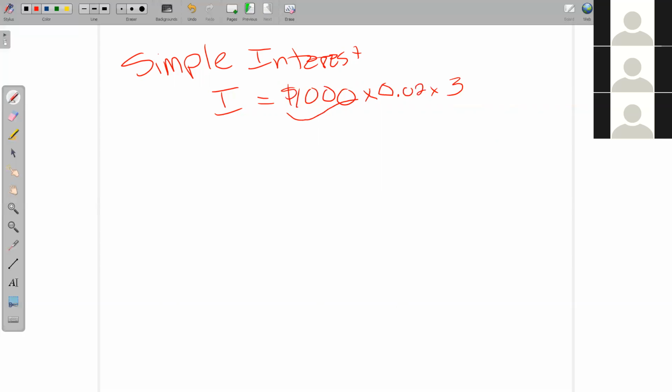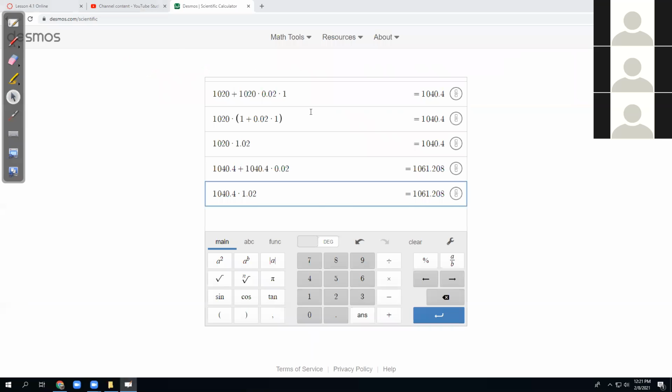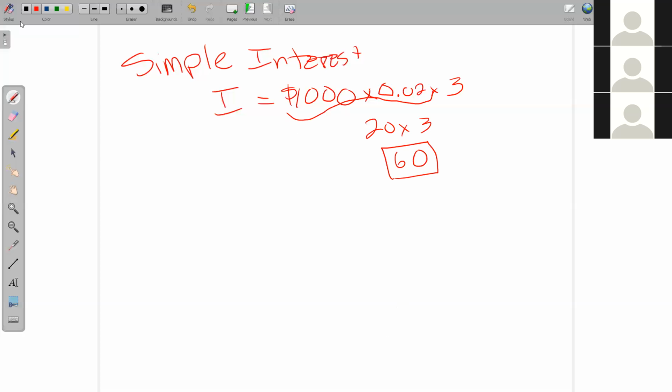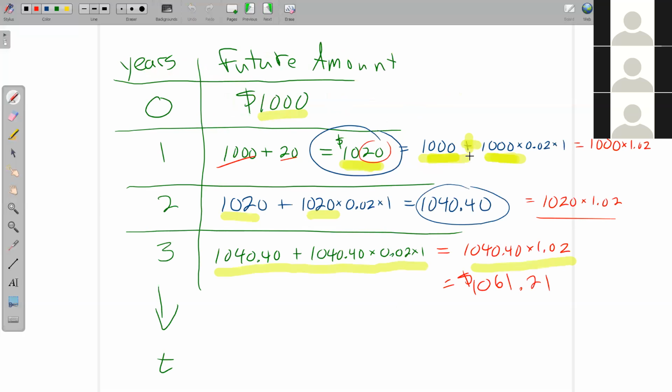Well, I already know that 2% of 1,000 is 20. 20 times 3 is 60. So with just straight simple interest, I would only get $60 at the end of 3 years, if nothing happened in between. But here we're saying every year, instead of just taking the interest out, let's leave it in and see what happens. And you can see, look, I'm a little better off than $60 here. I get an extra $1.21.